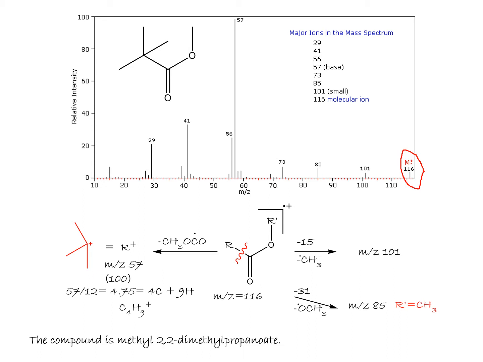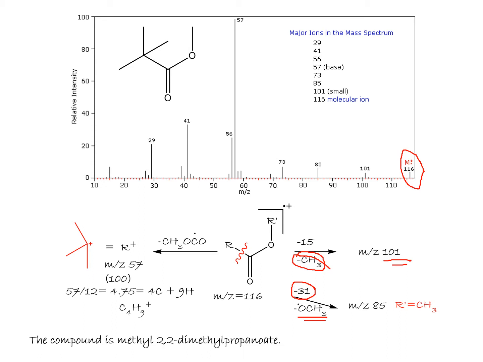We have a loss of 15, which means we have a CH3 group, at 101. We have elimination of 31. 31 means that you have OCH3.